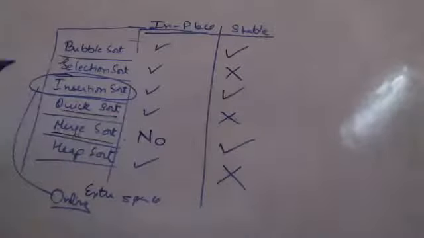So this is an analysis of various sorting techniques. Depending on which application we are using, we will be using a particular algorithm. For example, if stability is important or if space is important, then you have to see which sorting is to be used.